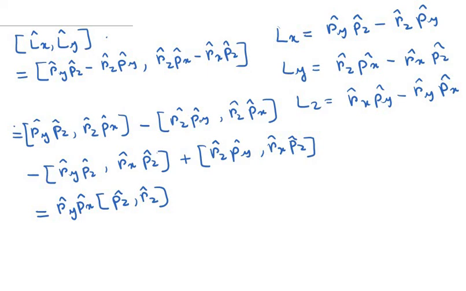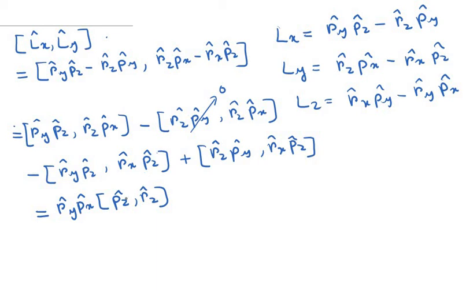Now let us go to this second term over here. In this equation kind of everything commutes, because this rz commutes with py, rz commutes with px, and this px also commutes with py, and this rz also commutes with rz over here. So this is basically equal to 0.